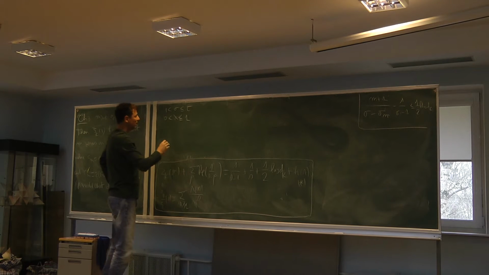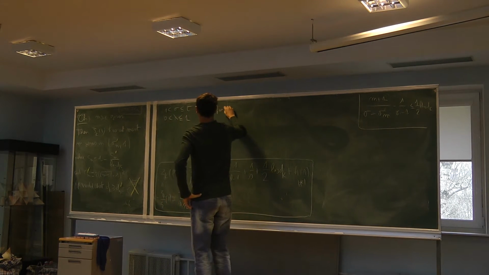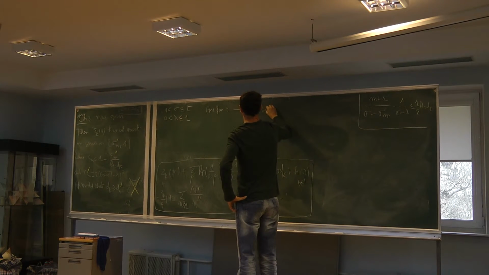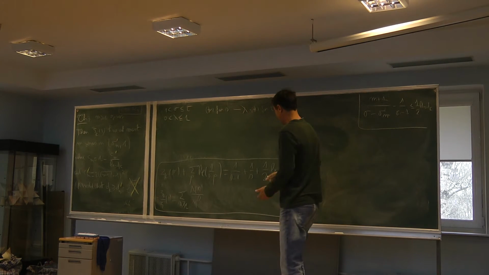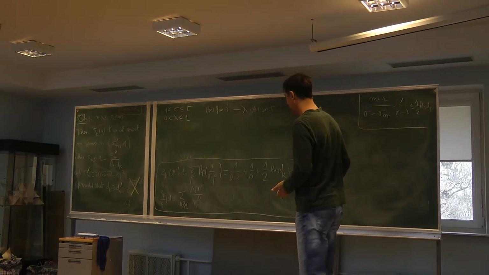And what you do is that you look at this one at sigma, minus lambda times this one at tau. So I take this one at sigma, this one at tau, and I take the first one minus lambda times the second one. Okay? And now you look at what you get.